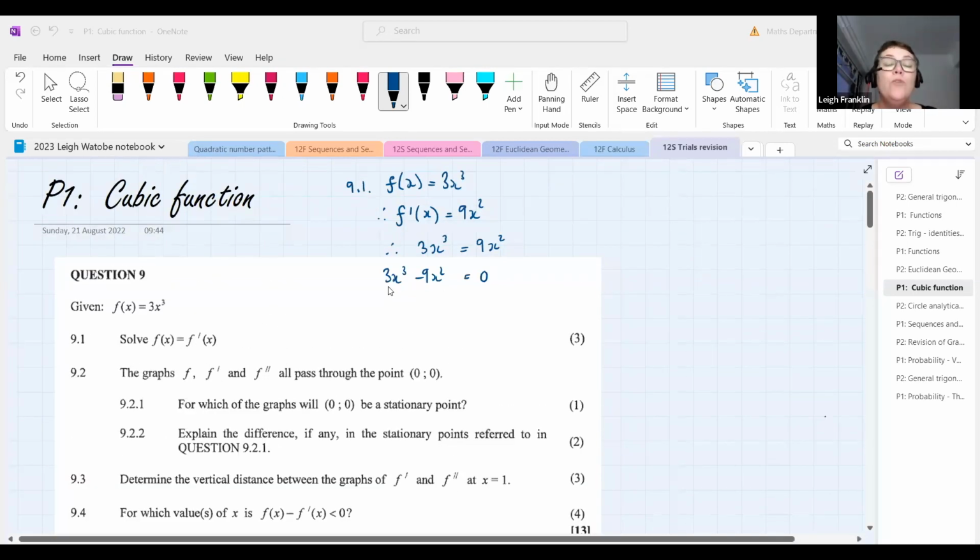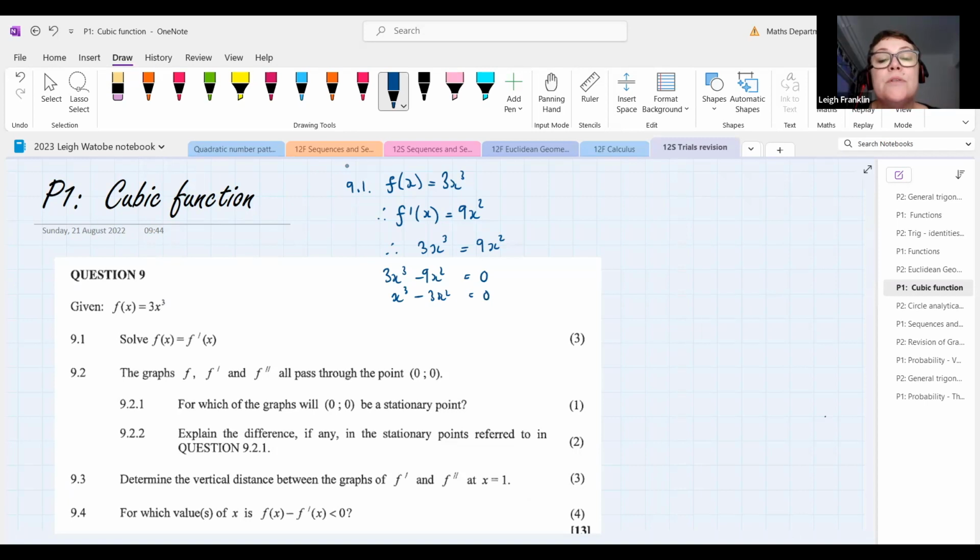Okay, so we've got a couple of options here. We could divide through by 3 if we wanted. So we would have x cubed minus 3x squared equals 0. What we can do now is take out x squared.